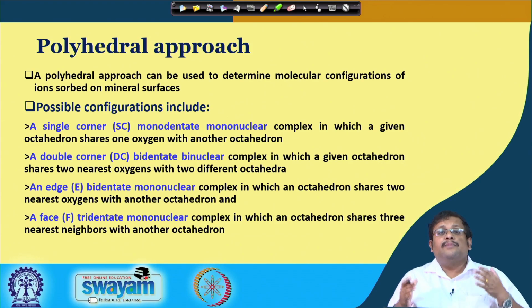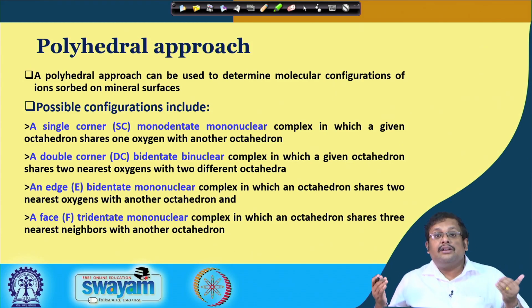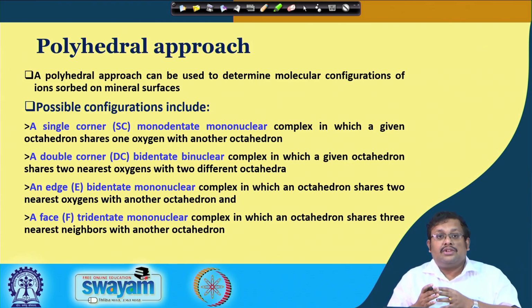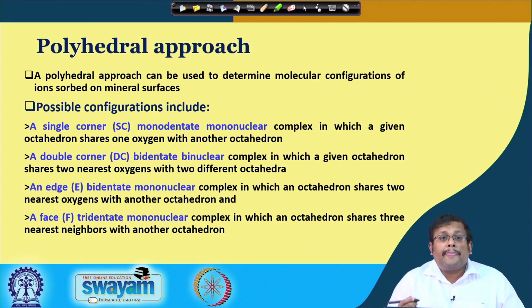It is bidentate because it shares two oxygen, and it is called edge because it shares two nearest oxygen with another octahedron. The fourth one is a face tridentate mononuclear complex, in which an octahedron shares three nearest neighbors with another octahedron. That is why it is called tridentate mononuclear.